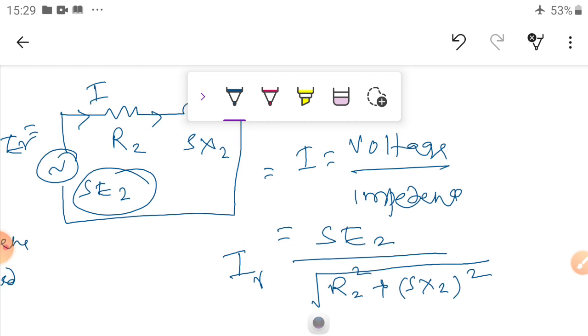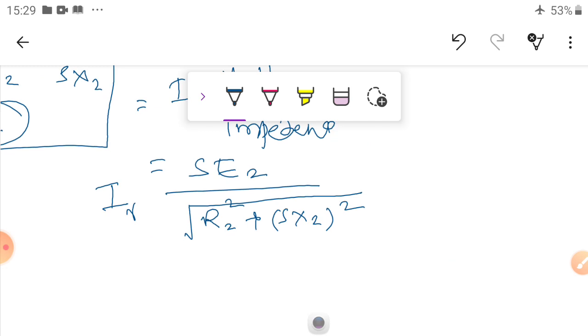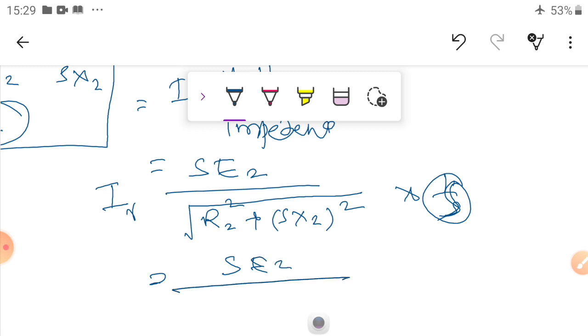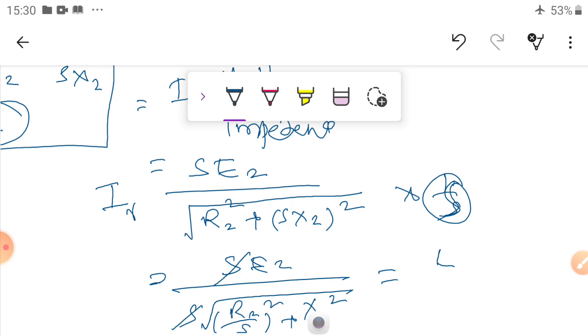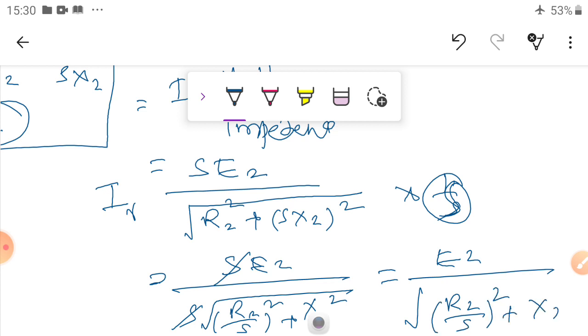Now divide the numerator and denominator by S, or take out the S: S E2 divided by S into the square root of R2 by S whole square plus X2 whole square. I just took out this S and this S gets cancelled. I get E2 by the square root of R2 by S whole square plus X2 whole square.